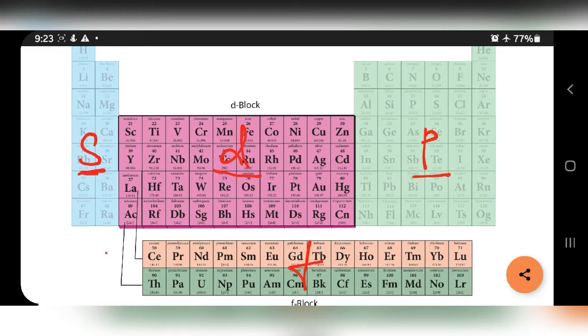So for these elements, electrons are filled in the 4f orbital, and for this series, electrons are filled in the 5f orbital.